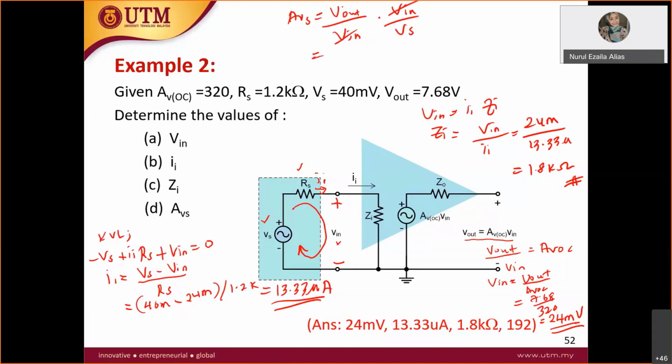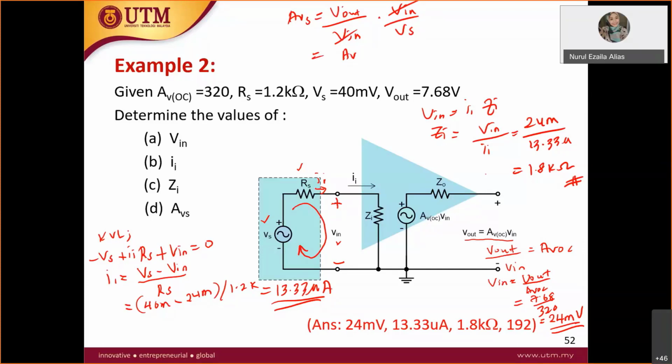So AVS is equal to AV, but since you don't have RL, your AV is equal to what? Then we have V output and VS. Is it the same answer over there, 192?